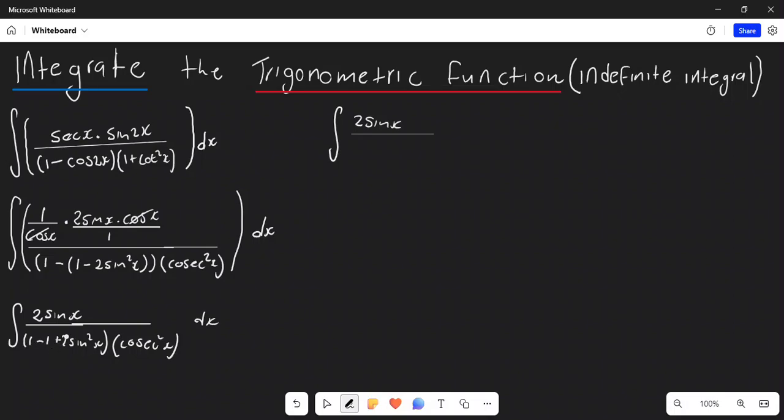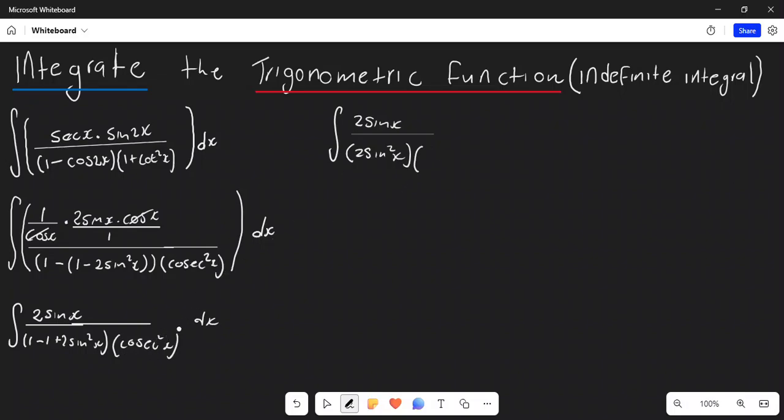That will give us 0. And then we're going to be left with positive 2 sine squared x. And then this one here, we have cosec squared x.